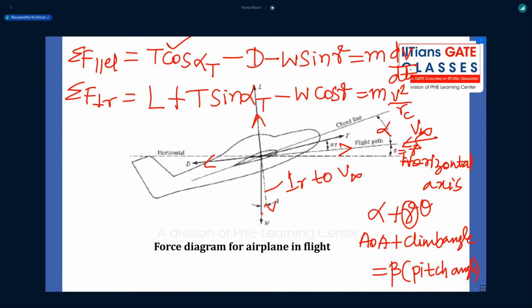Weight is opposite to the direction of lift, that's why there is a minus sign. When resolved along the lift axis, it becomes weight into cos gamma. So minus weight cos gamma equal to mass into centripetal acceleration, because we are resolving forces perpendicular to free stream velocity.